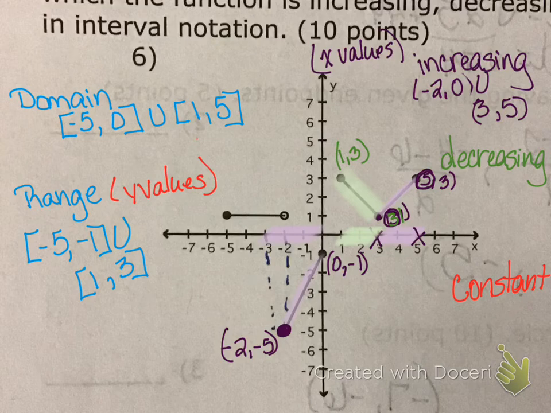So my interval for decreasing is 1 to 3. And this is my constant right here, and that goes from -5 to -2.